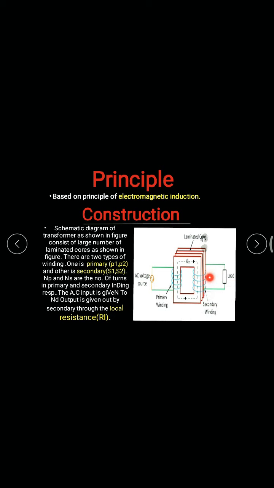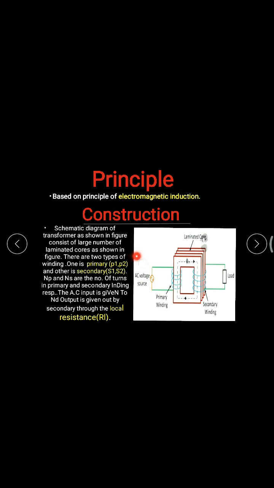There are a large number of laminated cores present in a transformer, and there are two types of windings: primary winding and secondary one. Primary winding is denoted by P1, P2, and secondary one is denoted as S1 and S2. The number of turns in primary winding is Np, and the number of turns in secondary is Ns.